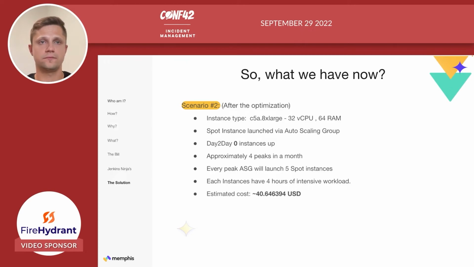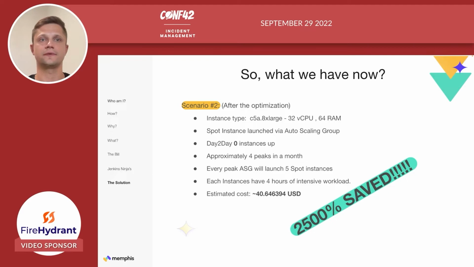So you can see this is the estimated cost. You can multiply it by the number of instances, but it's much lower than the previous one, than the $1,000 for one Jenkins machine. And yes, that's a lot. Imagine yourself as a growing company where every month you multiply your workload on the pipelines, on the builds.